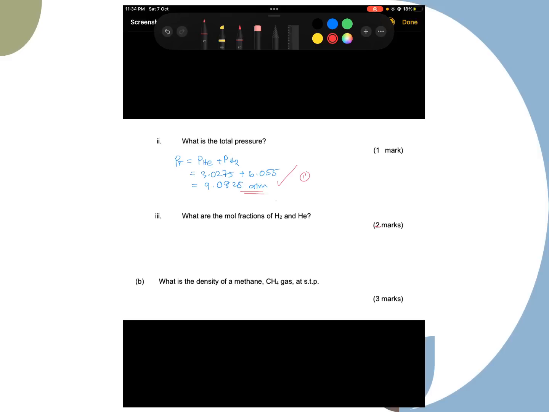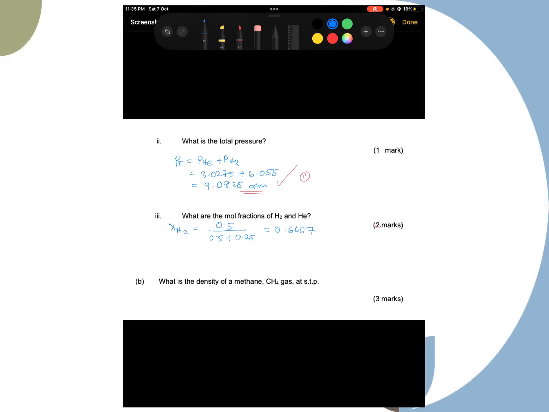Next one. What are the mole fractions? For the mole fractions of H2 and He, you have calculated the mole for each constituent, so we just substitute in the mole fraction formula. For H2, the mole itself is 0.5, divided by the total mole, so 0.5 plus 0.25, the mole for the helium, so we will get 0.6667.